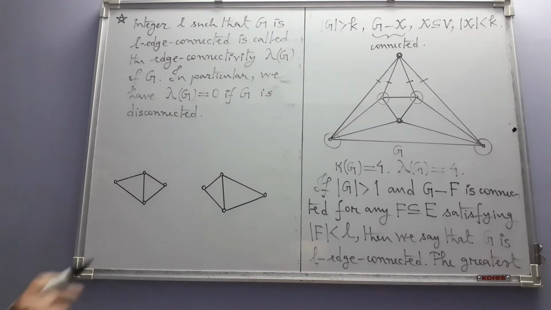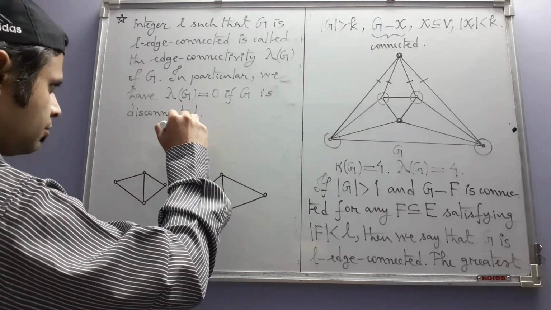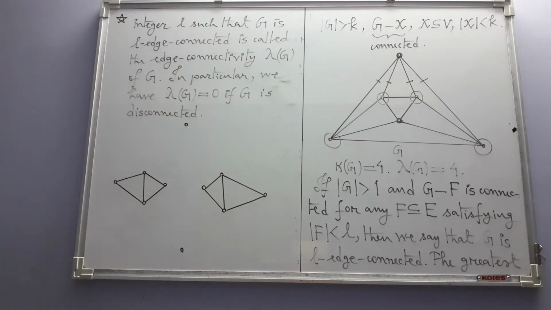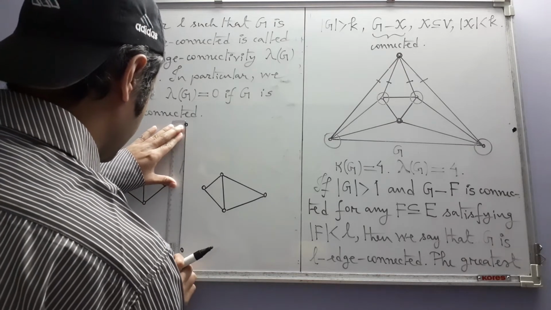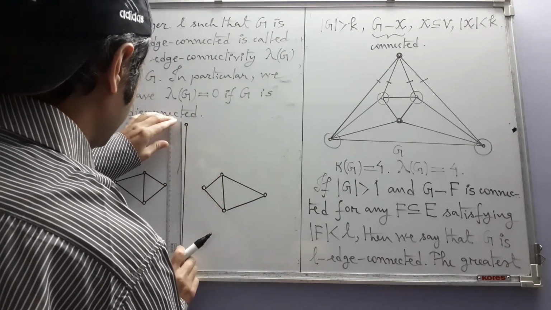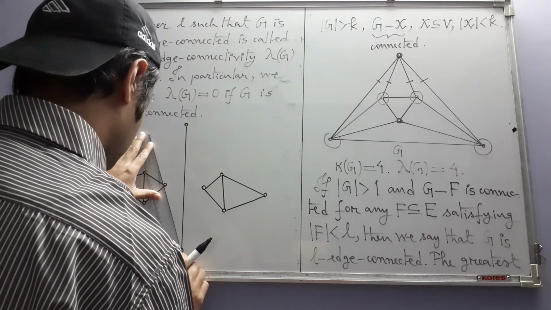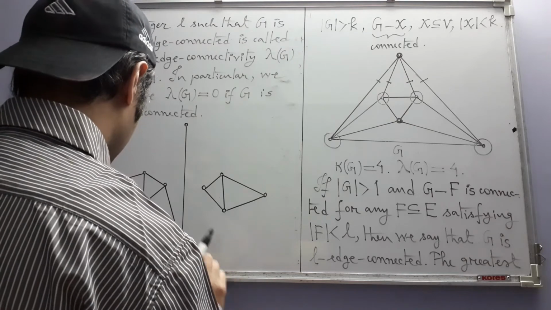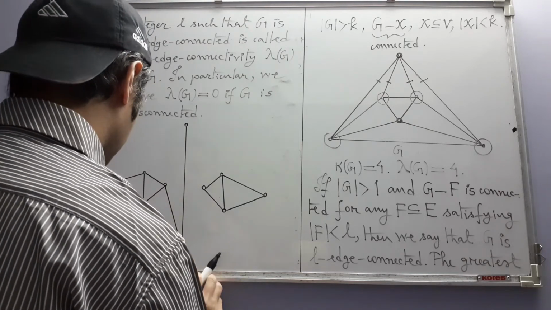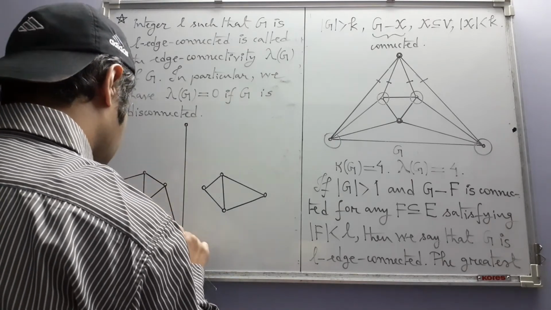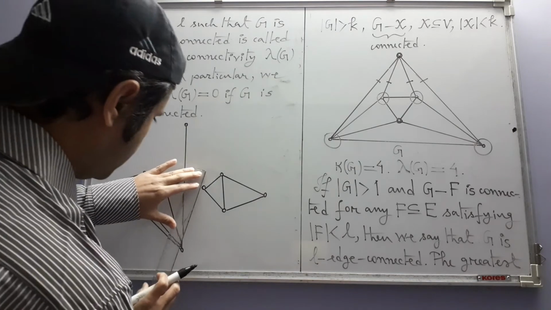There is no edge between these two. Okay, fine, but there are 2 other vertices which, first of all, are adjacent, and then these 2 are adjacent, these 2 are adjacent, and these 2 are also adjacent. Okay, similarly here.